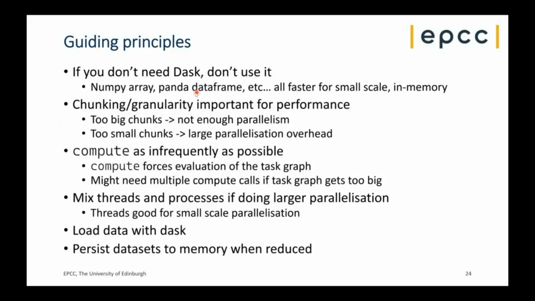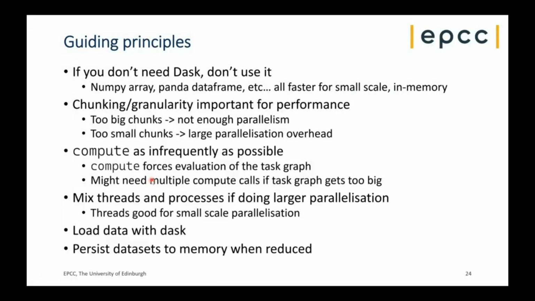So NumPy arrays and Pandas data frames are generally all faster for small scale in-memory functionality. Dask is important when we get up to things that are taking far too long in a single node or don't fit inside a single node. And then we want to use multiple nodes at once.